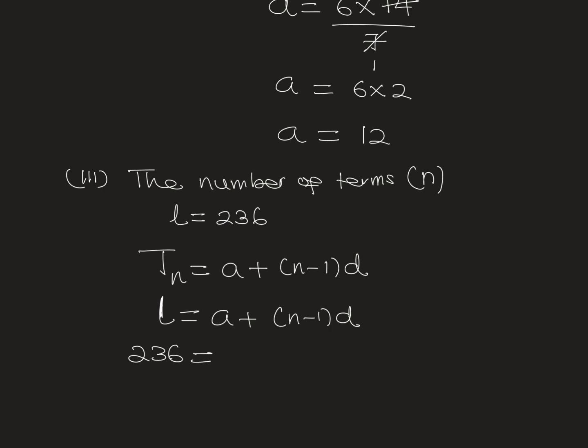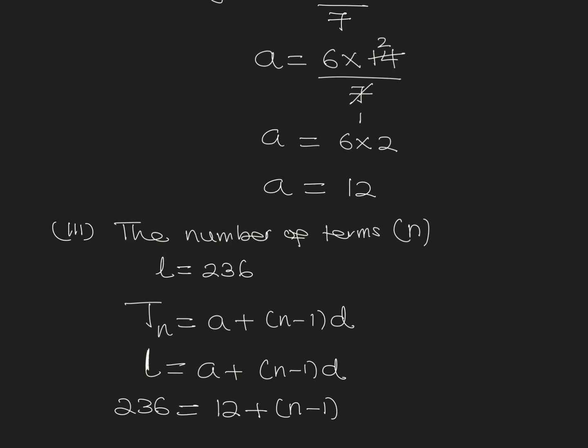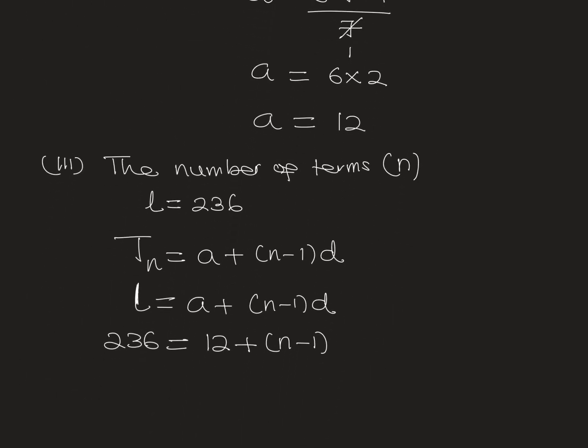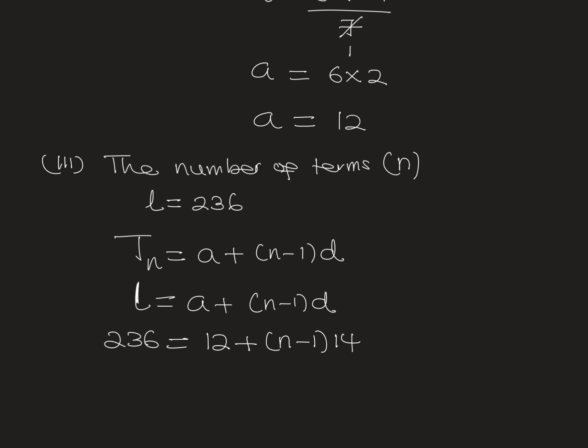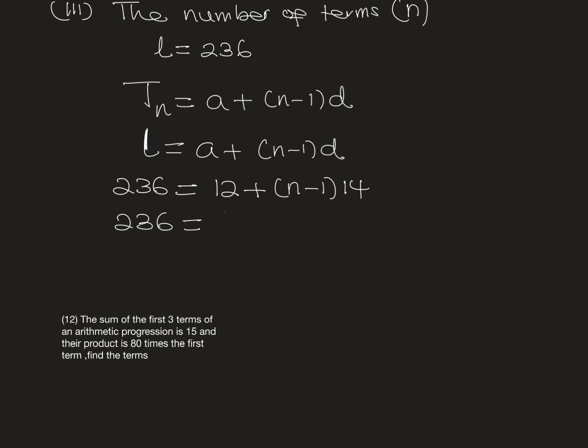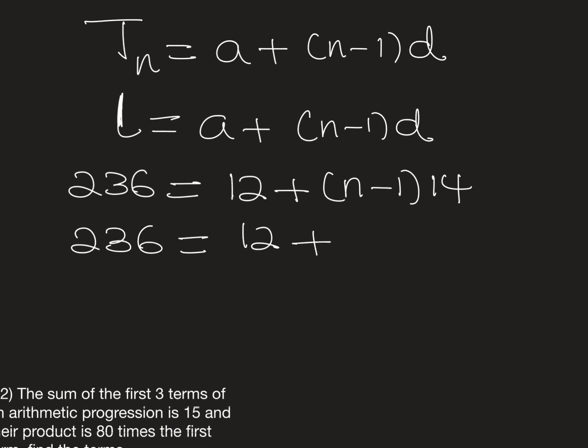This is equal to A, which is 12, plus n minus 1 times the difference, which is 14. So that will be 236 is equal to 12 plus n times 14 is 14n, minus 1 times 14 is 14.